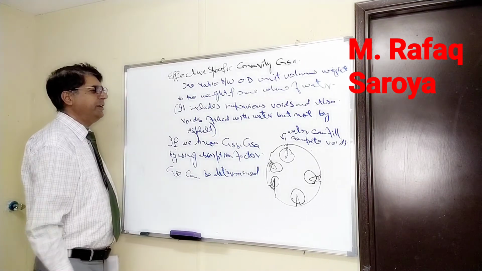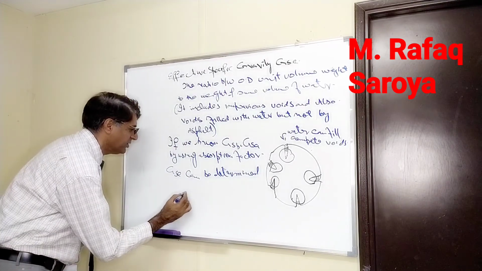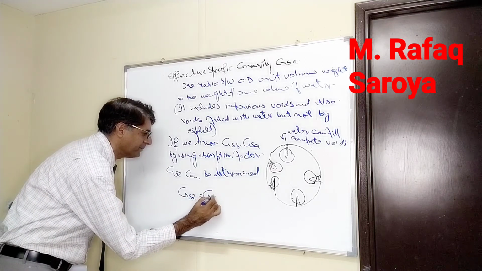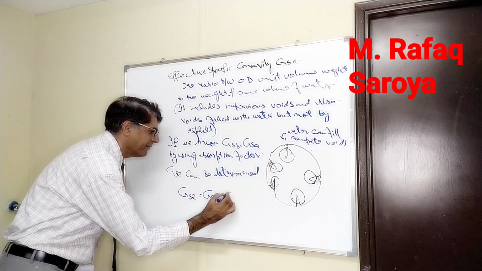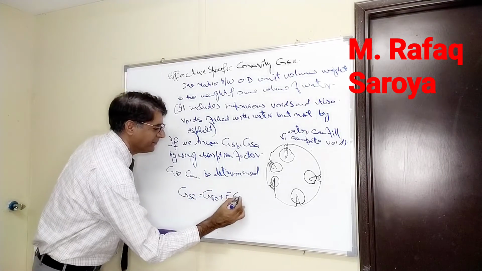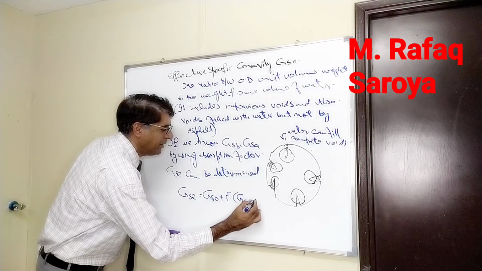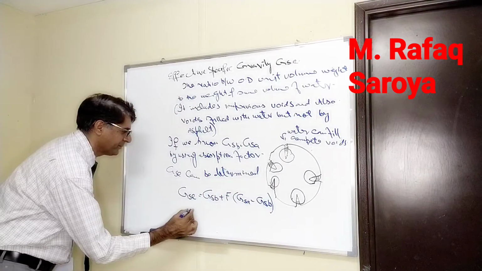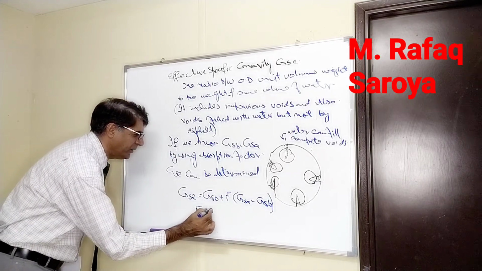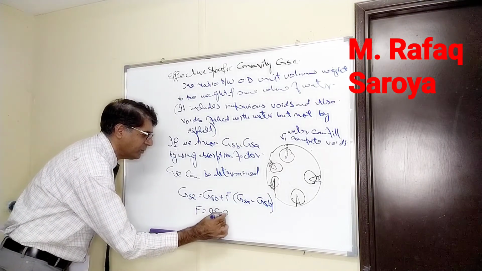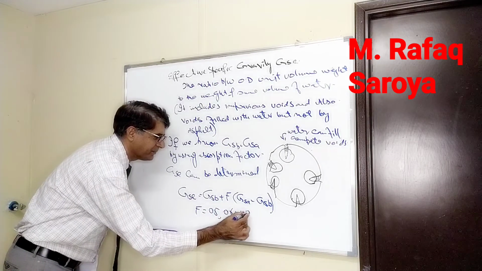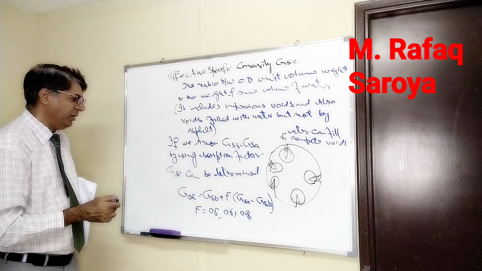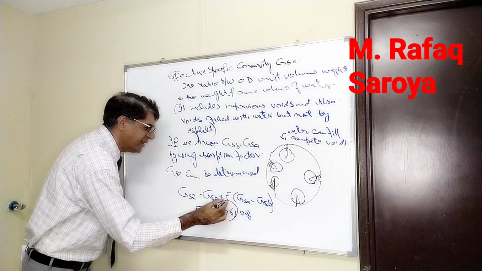How will we determine GSE? Let me write down its equation now. GSE is equal to GSB plus F times GSA minus GSB. F is a factor. Its value can be taken as either 0.5, 0.6, or 0.8. But in my consideration, when I use this value for GSE, I will take the value 0.6.